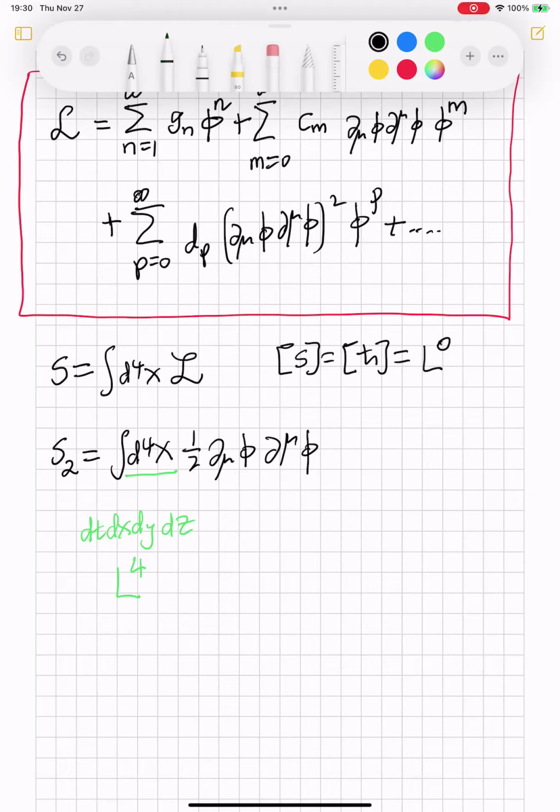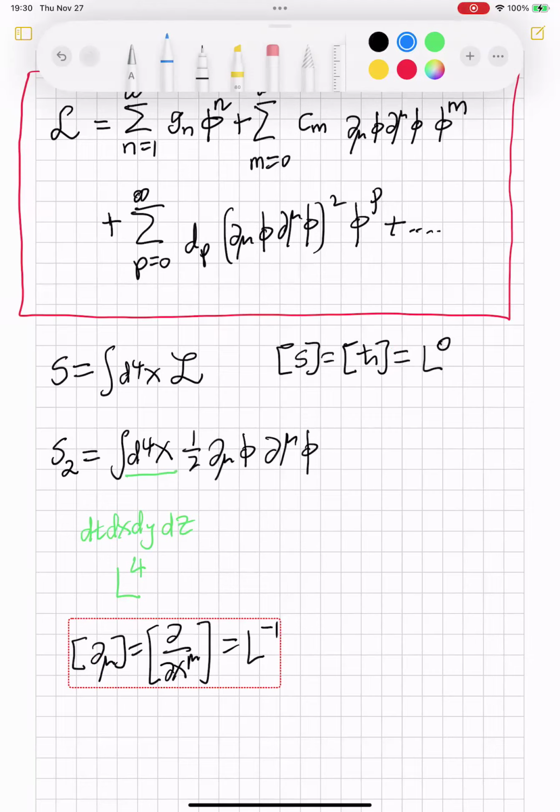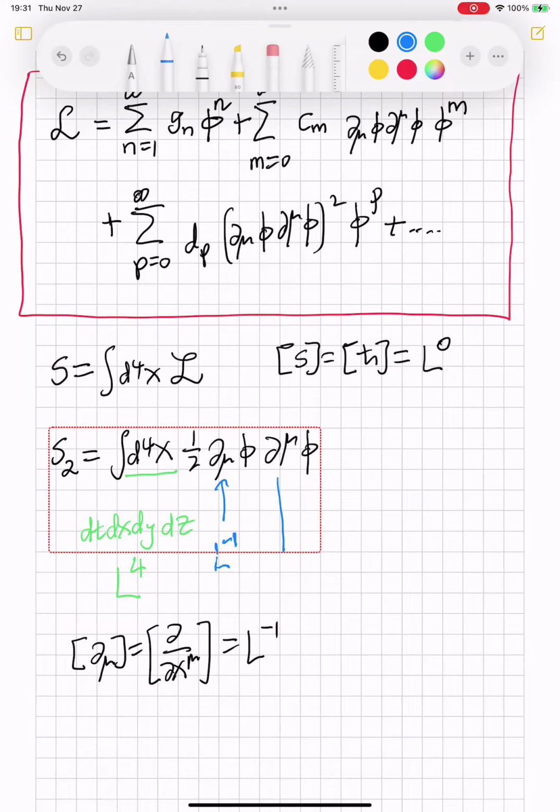Then d mu itself, well, you want the dimensions of d mu. If you're looking at the dimensions of d by dx mu, this is obviously length to the -1. So here we have a length to the -1, and here we have a length to the -1.